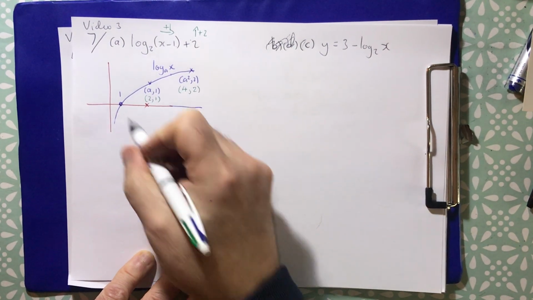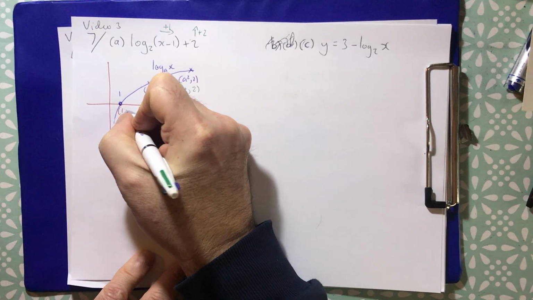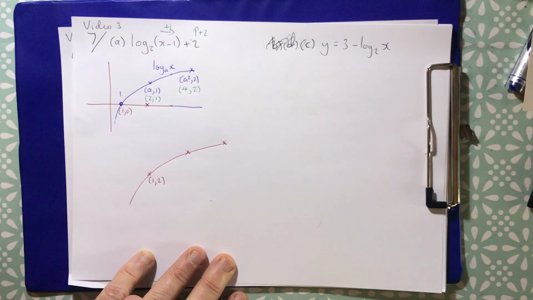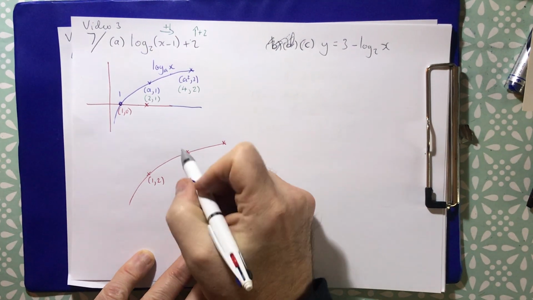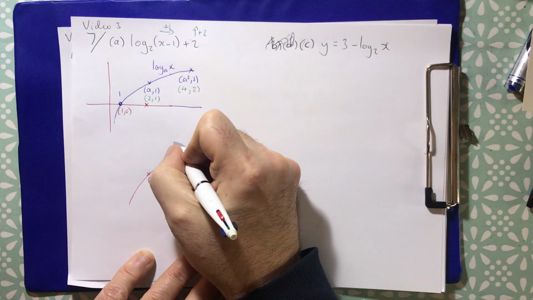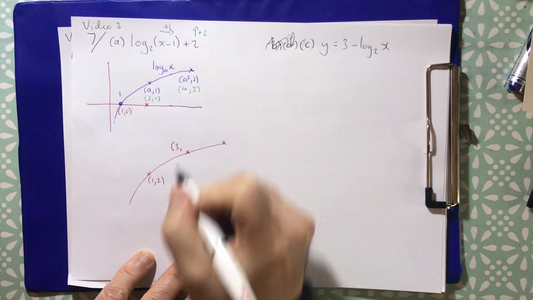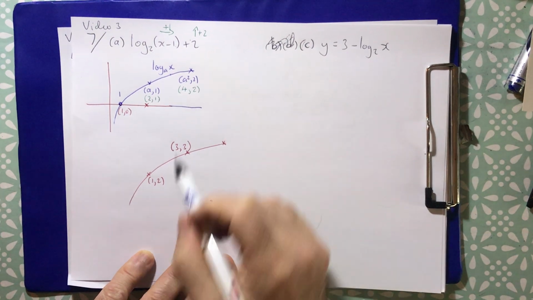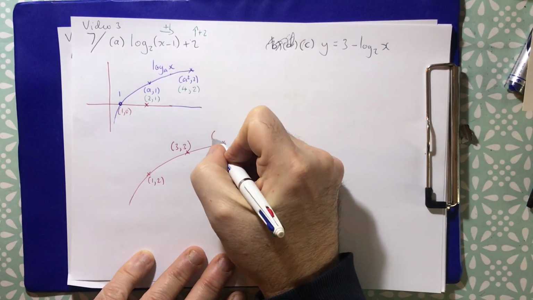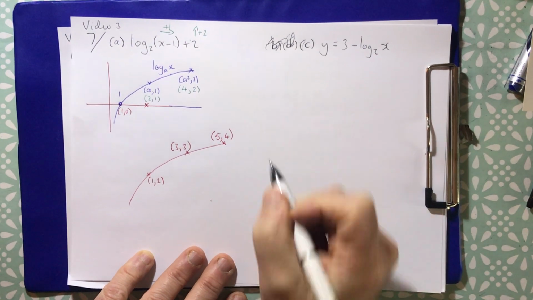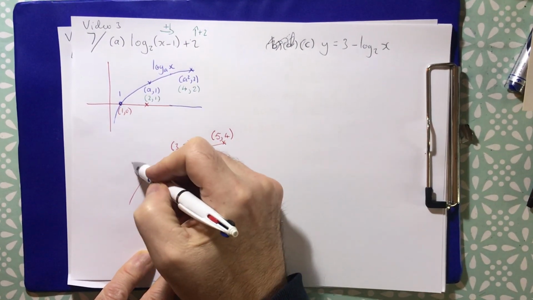So that one, instead of being 1, 0, it's going to become 1, 2, isn't it? This one, instead of being 2, 1, well, it's 1 further across, so it's 3 across, 2 more up would be 3, 3. This one 1 more across becomes 5, 2 more up would become 4. So that's where our points would be.